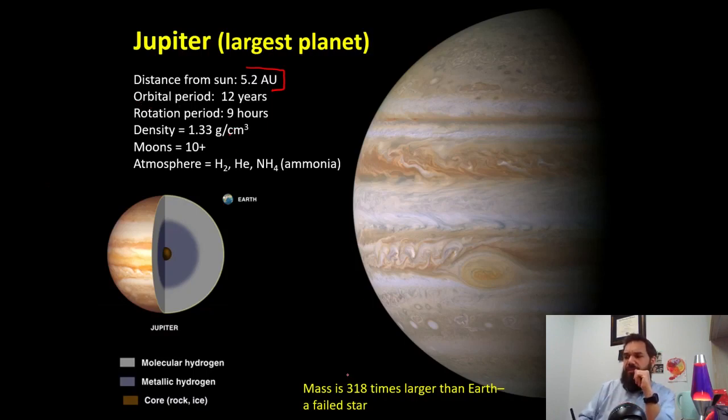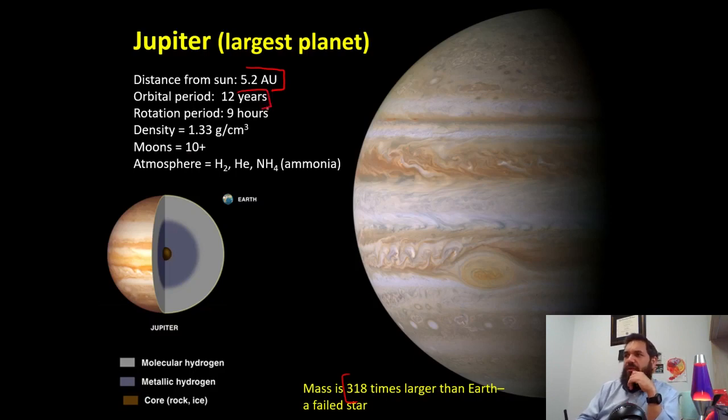Or sorry, I'm mistaken, 318 times the size of Earth. We can almost think of it as a failed star. Maybe something that was competing with our sun to attract hydrogen and mass, growing through accretion, gravitational collapse. But ultimately the sun won out and Jupiter became a planet.